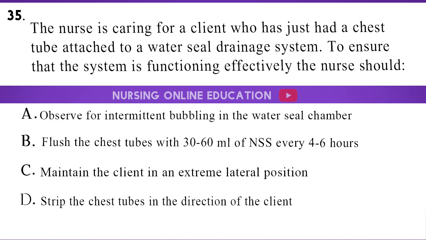35. The nurse is caring for a client who has just had a chest tube attached to a water seal drainage system. To ensure that the system is functioning effectively, the nurse should: A. Observe for intermittent bubbling in the water seal chamber. B. Flush the chest tubes with 30 to 60 milliliters of NSS every 4 to 6 hours. C. Maintain the client in an extreme lateral position.